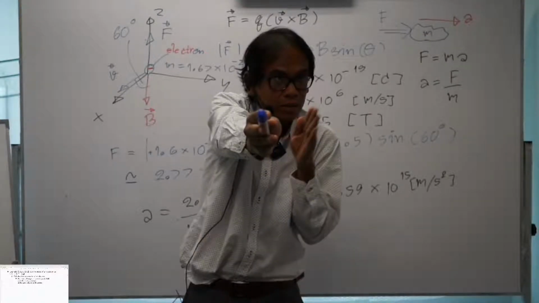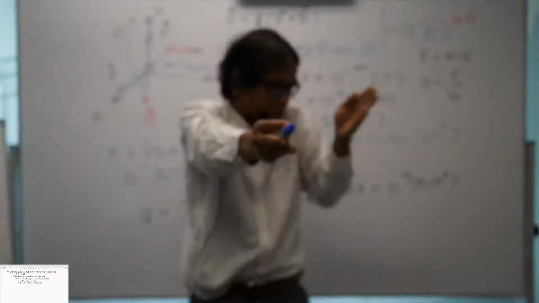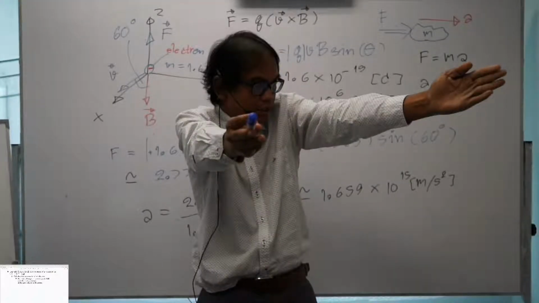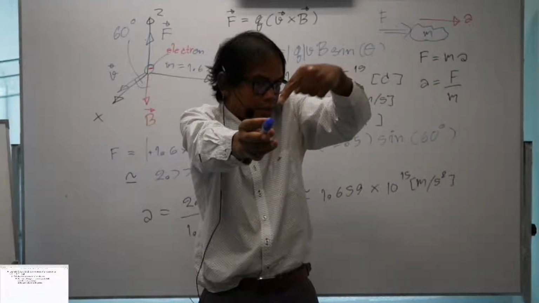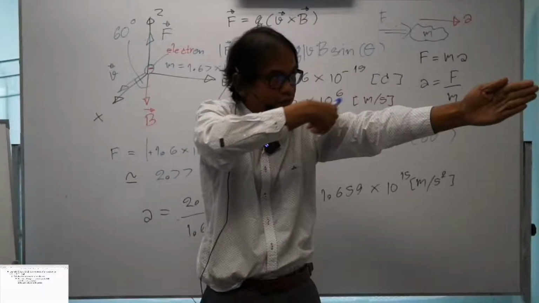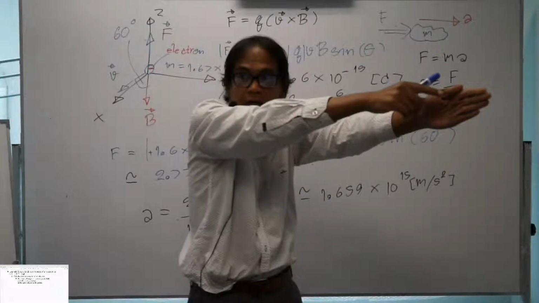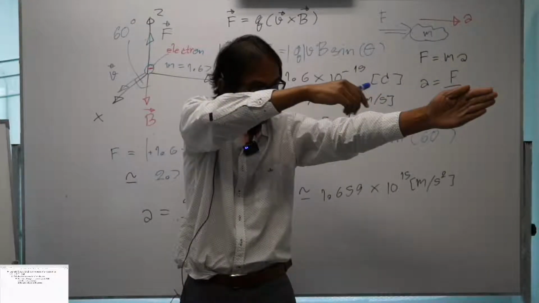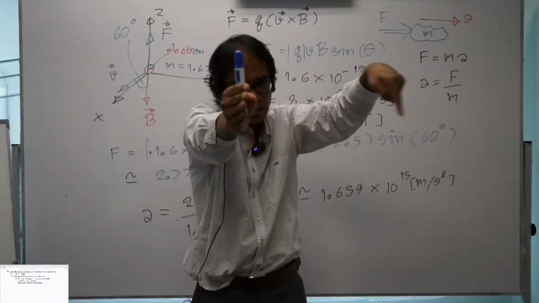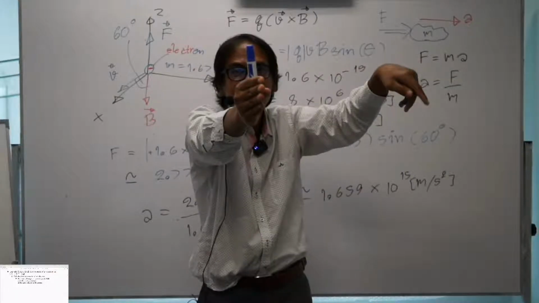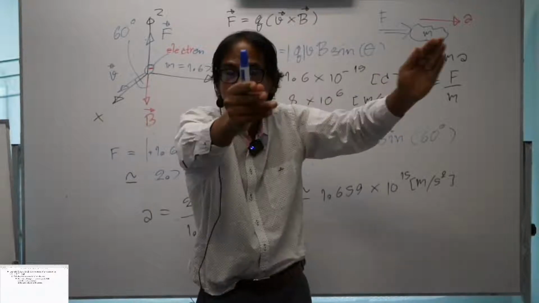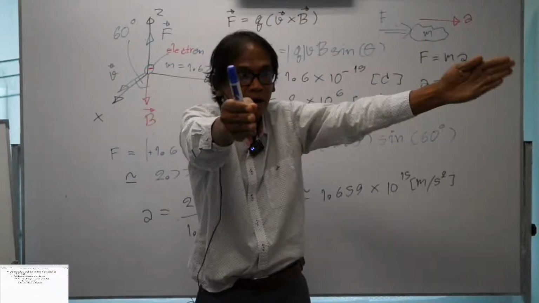It's not exactly on the y-axis, it's in between x and y. The angle between the magnetic field and the proton motion direction, the x-axis, is 60 degrees. Okay, you understand that?